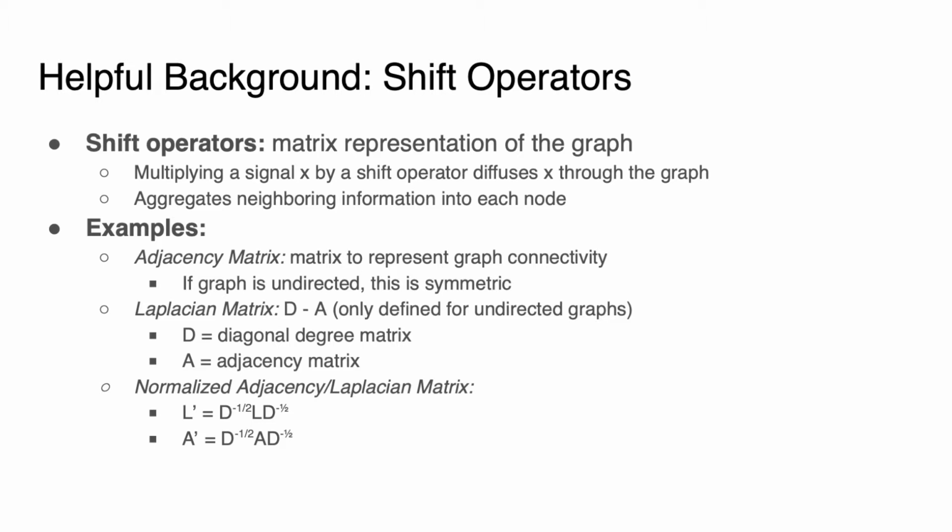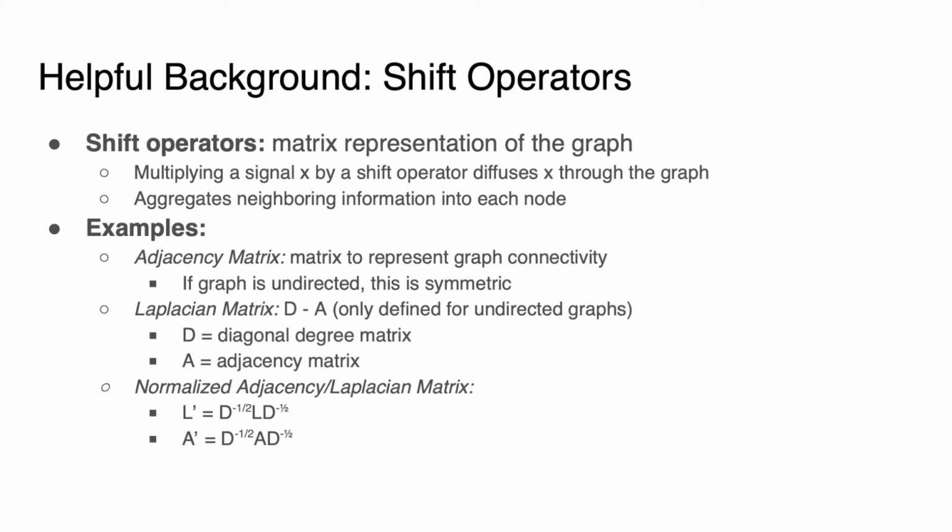Some examples of shift operators include adjacency matrices, which basically are matrices that represent the graph connectivity. One useful thing about these is that if the graph is undirected, these are definitely symmetric. You also have the Laplacian matrix, which is defined as the difference between your diagonal degree matrix and your adjacency matrix, but this is only defined for undirected graphs.